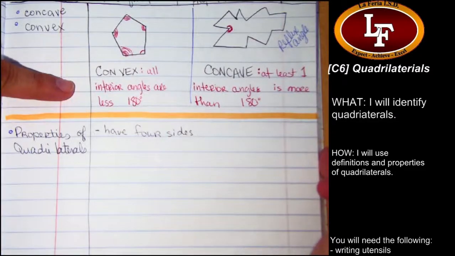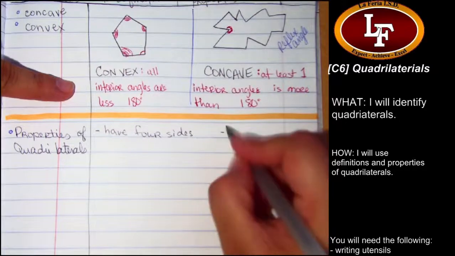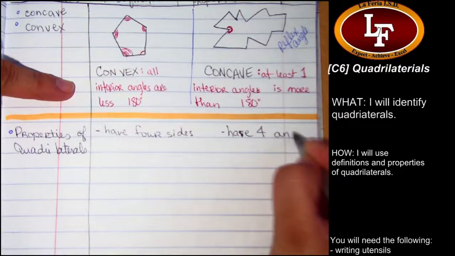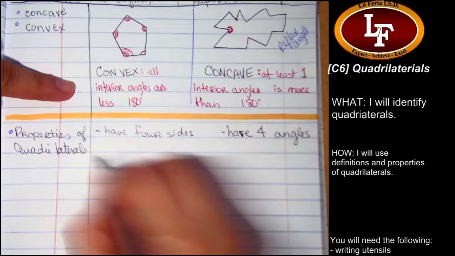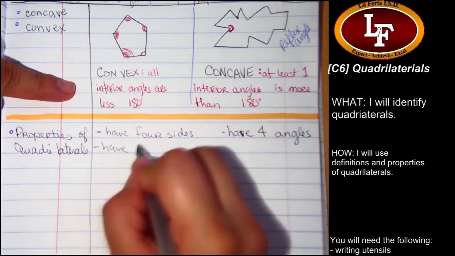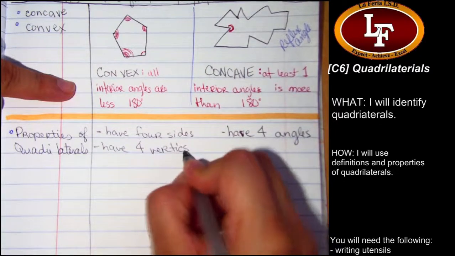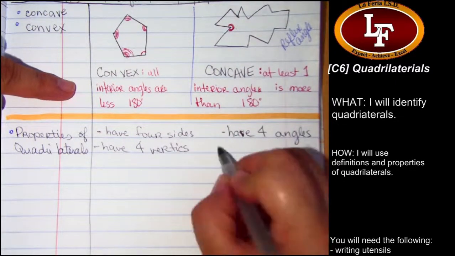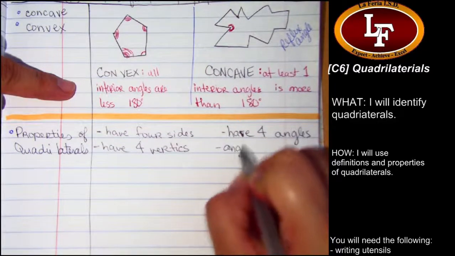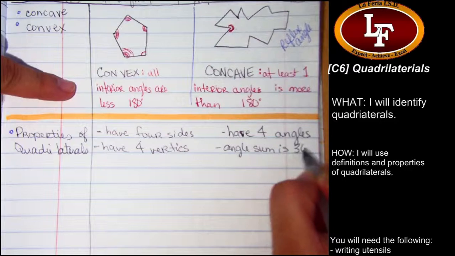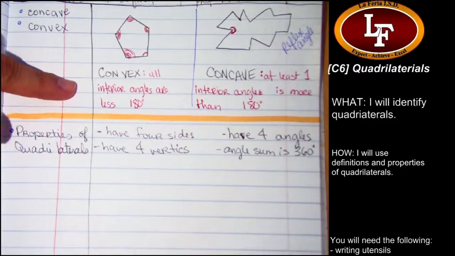Doesn't seem pretty exciting. The next one is that all quadrilaterals have 4 angles. And they also have 4 vertices.